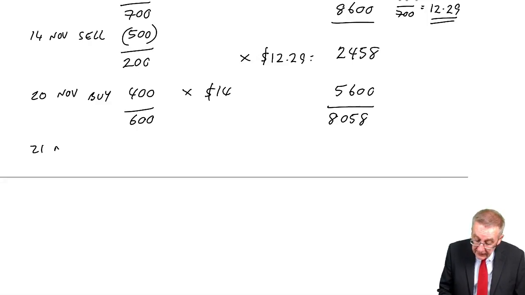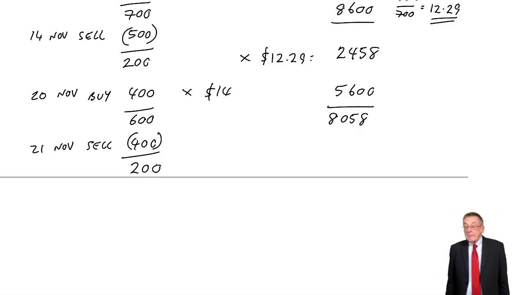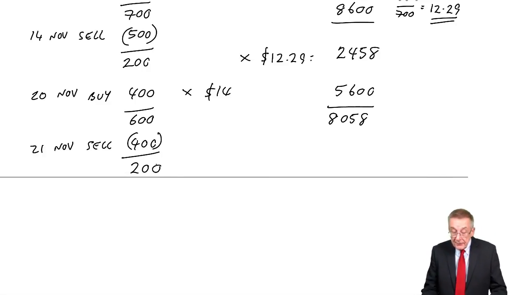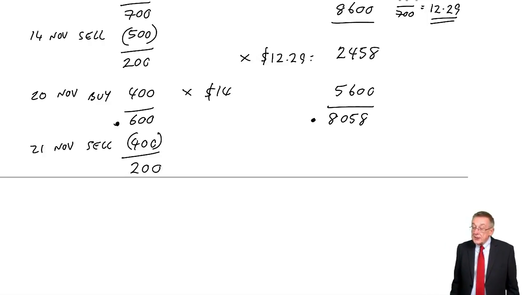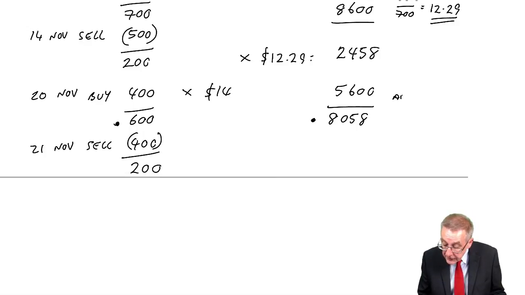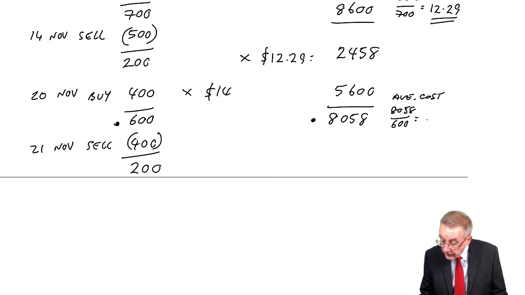However, on the 21st of November, we sold some. We sold 400 rather, with 200 left. And the question is, how are we going to value them? Well, those 200 are part of those 600 we had. And those 600, they had a cost of 8,058, so the average cost of those, 8,058 over 600, I think 13.43.